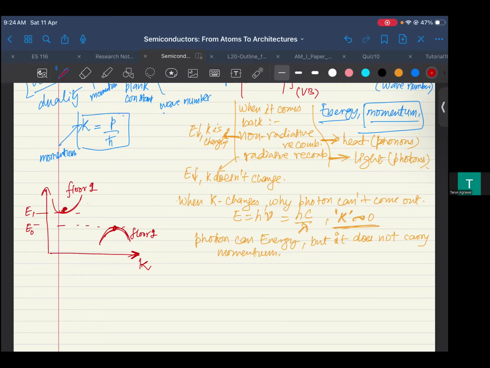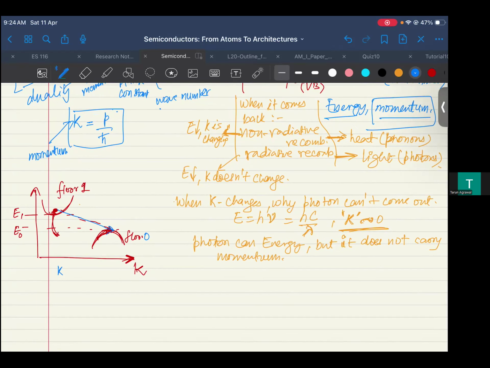An electron wants to come back to floor 0. It sees that I have to change my momentum if I want to go back to my floor 0, because it is somewhere shifted in the momentum domain. So this k needs to change, and that is very much the reason, and this is what we know in the semiconductor world as an indirect bandgap semiconductor.